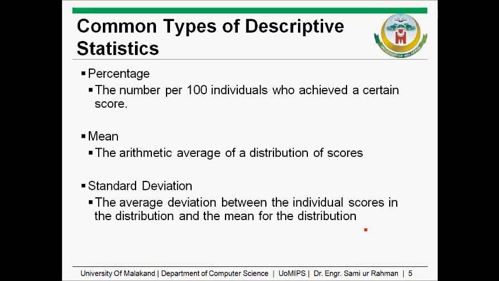So standard deviation is, in some set of data we have some mean or median value, and in deviation we want to see how the data is distributed from this mean value. Okay? Any example?